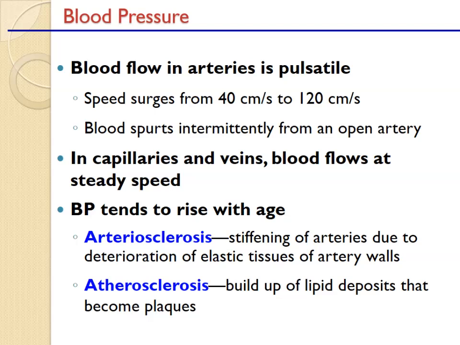Athero is the plaquing that can build up. Lipid deposits can become calcified, right? The danger with lipid deposits being calcified is that platelets breezing through the bloodstream are extremely sensitive to anything that's not smooth, right? So the more the lipids build up on the inside of the wall, they attract calcium.